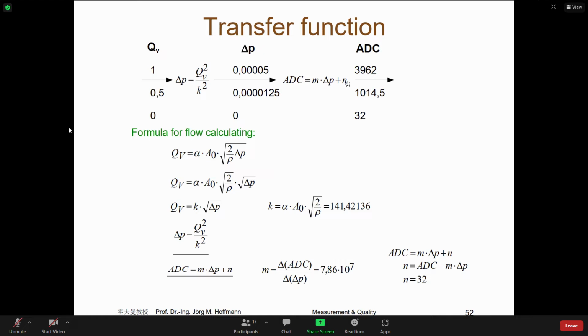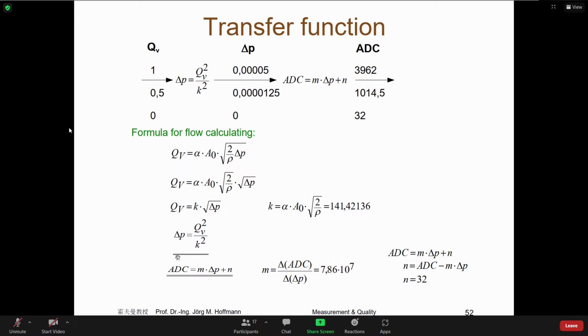The constants are N and M, and we have here K. And this is a formula, you see, and I have changed this a little bit so that you have in the end this one, and you can calculate K and have the number 141 point and so on.